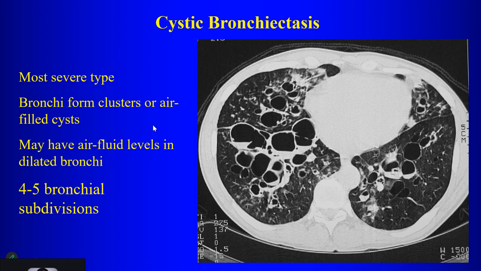And then the most severe form is cystic bronchiectasis, where you have ballooned airways. And here, of course, the bronchial subdivisions are further reduced. And what can happen here when you develop cystic bronchiectasis is that you can actually develop infection within these cystic areas of bronchiectasis themselves. So you can see these air fluid levels within the areas of cystic bronchiectasis.